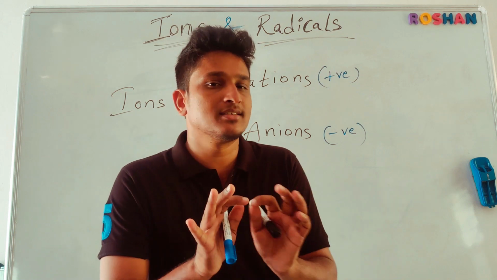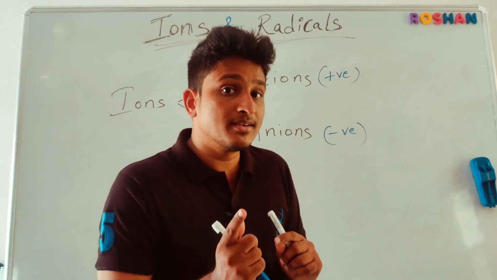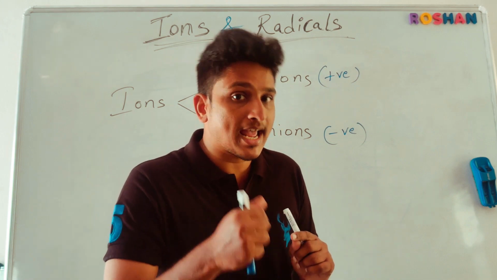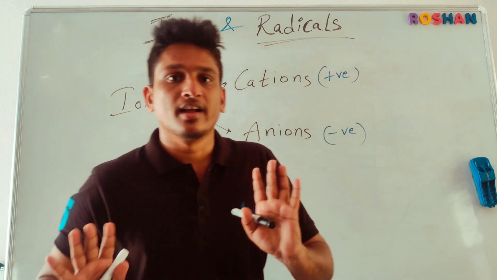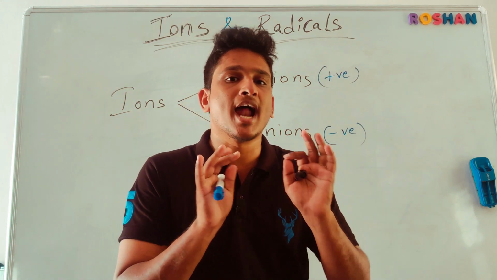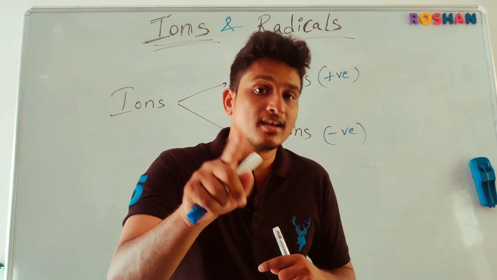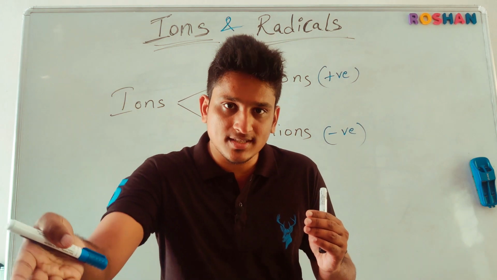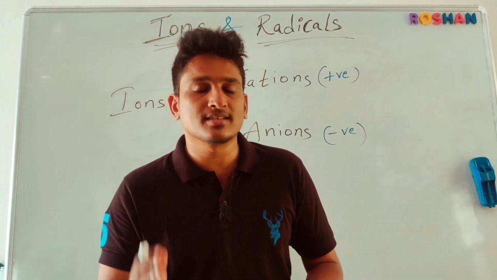This concept is not about sharing, so leave sharing. What about the remaining two? Atoms lose electrons, atoms gain electrons. Apply the same concept here. So ions come from atoms only. When atoms either lose electrons or gain electrons, the resultant particles are called ions.